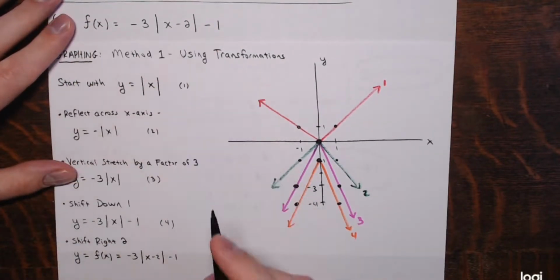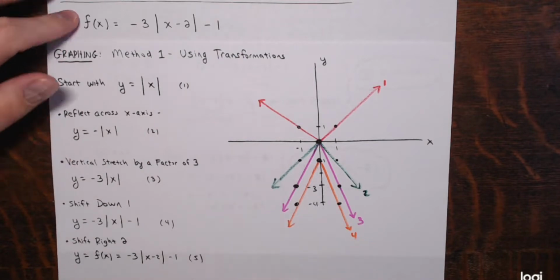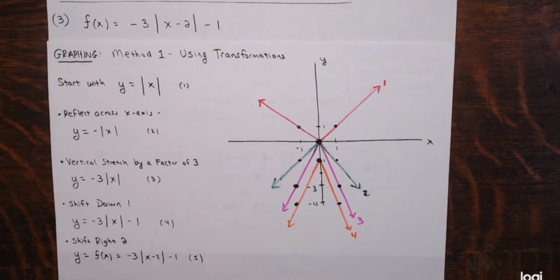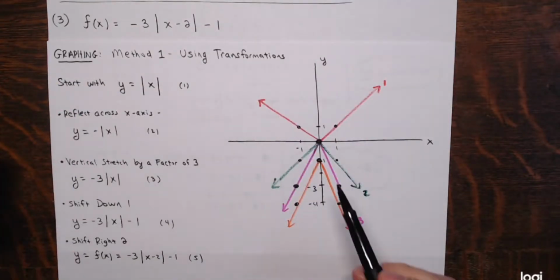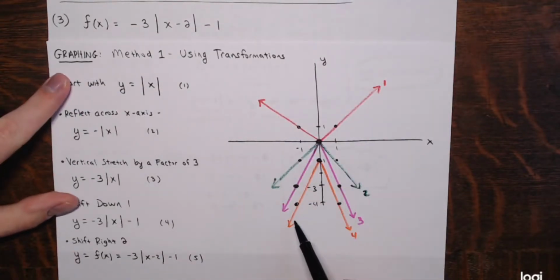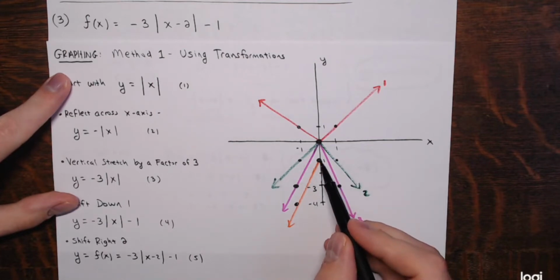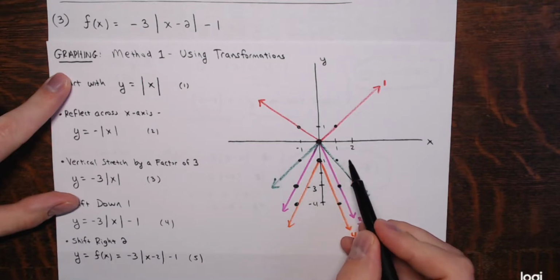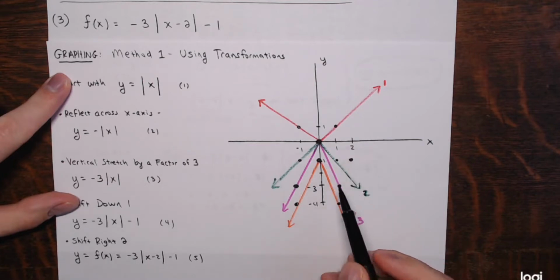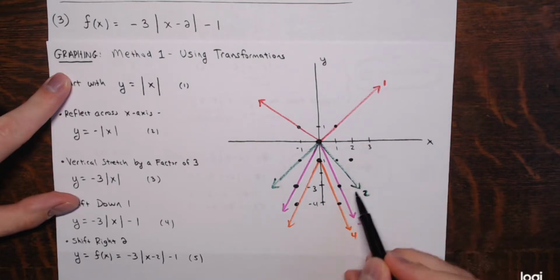And this will be graph number 5. I'll make this brown or something. So now I'm taking graph number 4, moving all the points to the right 2. So 0, -1 goes to the right 2 to 2, -1. Then 1, -4, you're moving that to the right 2 to 3, -4.